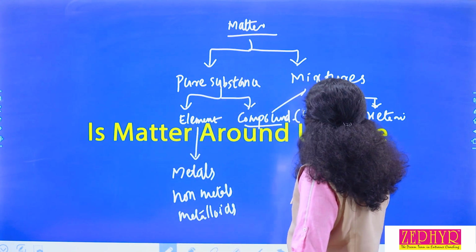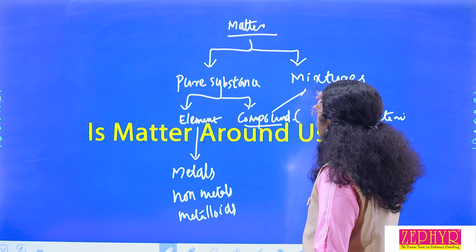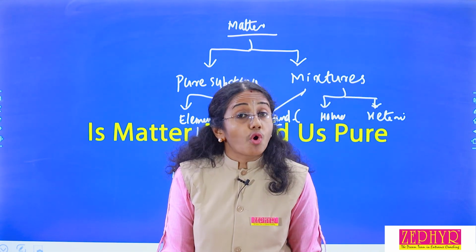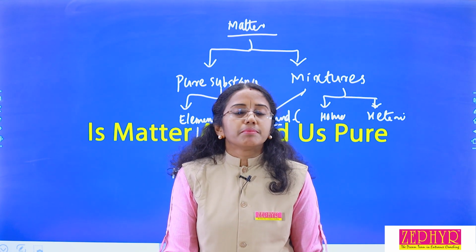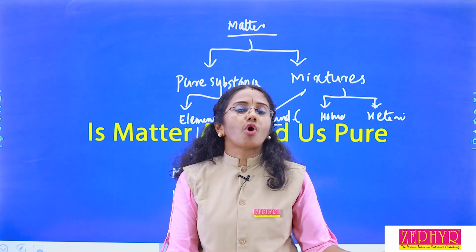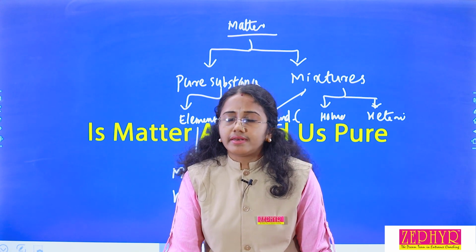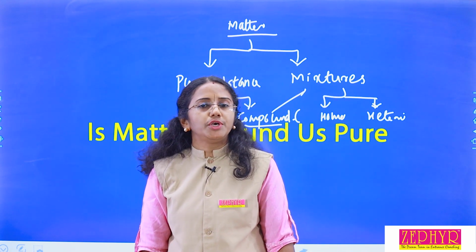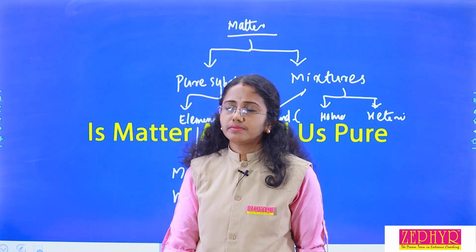So the differences between mixtures and compounds are: compounds are always homogeneous, but mixtures are either homogeneous or heterogeneous. A compound is combined in a fixed ratio, but mixtures do not have a fixed ratio.